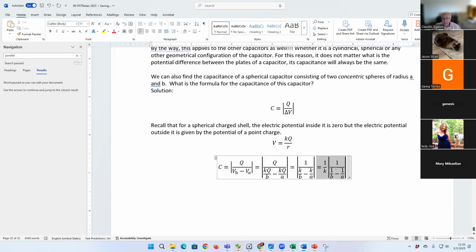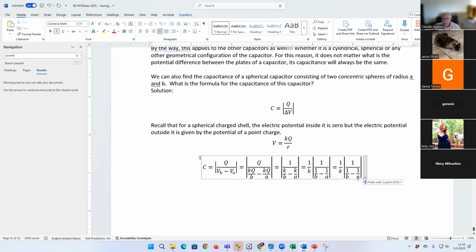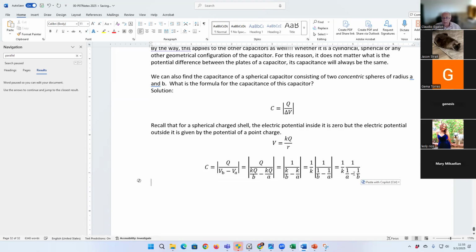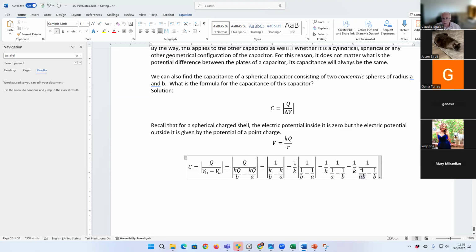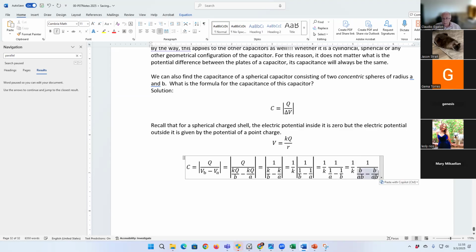Consequently, when we take the magnitude, we can invert it as being 1 over A minus 1 over B. And we're getting there. I can go ahead and put them under the same denominator. Like that.